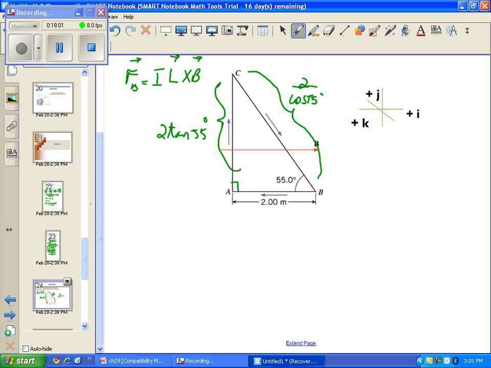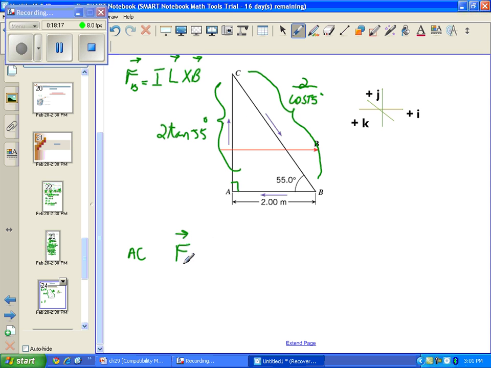So let's go ahead and proceed, and we can use the right-hand rule to get the direction. But first, let's go ahead and get the magnitude for each segment. And we'll start with the segment AC. Let's start with this segment right here.